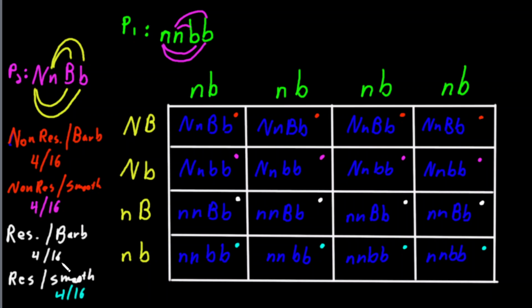And so it turns out that each of our phenotypic possibilities is 4 out of 16. Let's look at the next page. There are some additional dihybrid practice problems on the following pages. Just use the same steps and work your way through. I hope you have a great day, and I hope this was helpful.